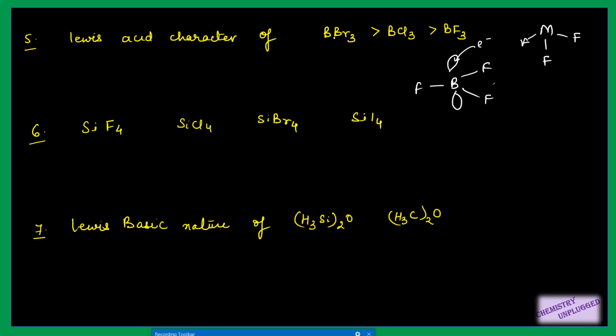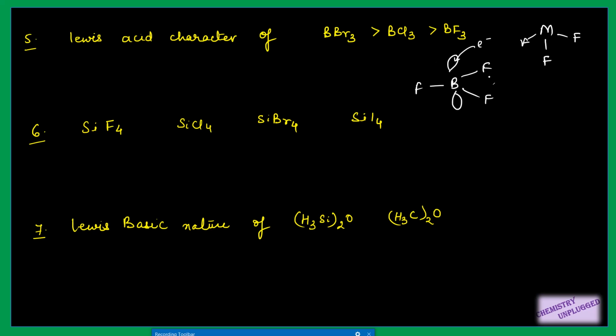Now we want to compare the acidic strength of these three halides. We can think of it like this: we have an electronegative atom attached here, so this electronegative atom will pull electron density toward it, so it would act as a better Lewis acid compared to BBr3 and BCl3. But if you have studied p pi back bonding, then you can easily understand it.